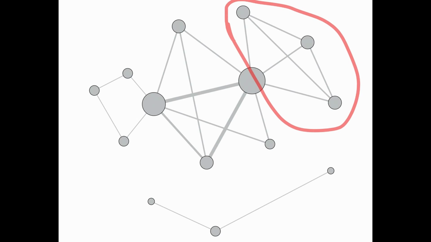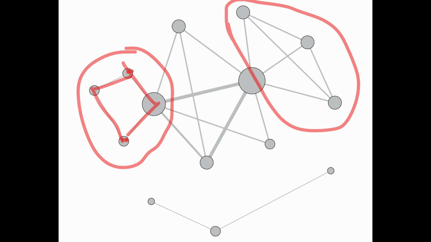However, if you look at the left part of this component, even though those 4 nodes are somehow reachable from each other, for example, you can go from this node at the bottom to the top by following 2 different paths, there is no direct connection between them. So this subunit cannot be treated as a clique. That's the distinction between clique and component.